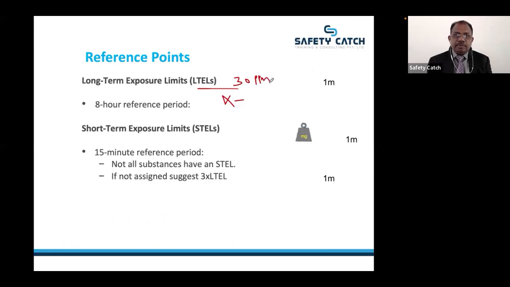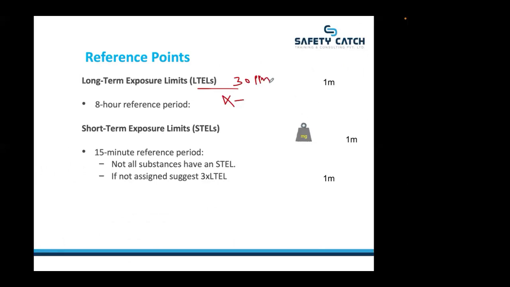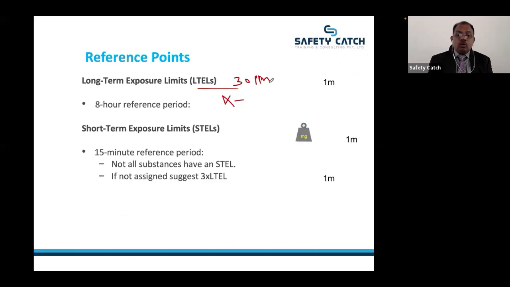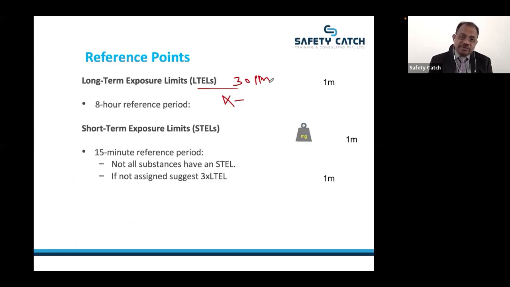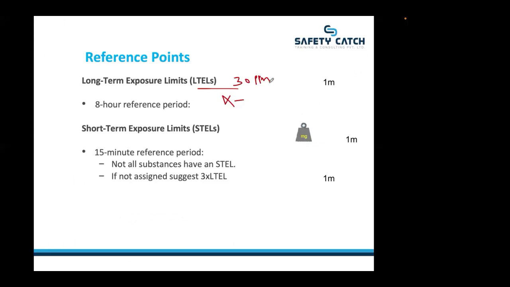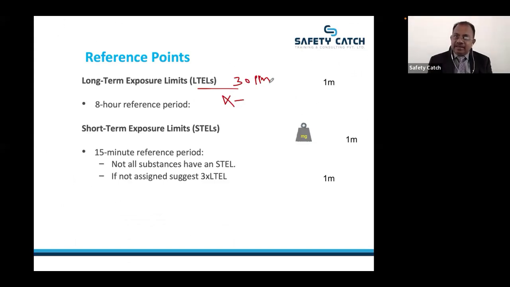What is ppm? Parts per million. Correct. That is a unit, parts per million. What is parts per million? Anybody can explain? Okay, ppm is parts, 1 part of 1 million. Correct. In a simple way, if you are using a gas monitor, that gas monitor is sucking atmospheric gas, we call it ambient air.